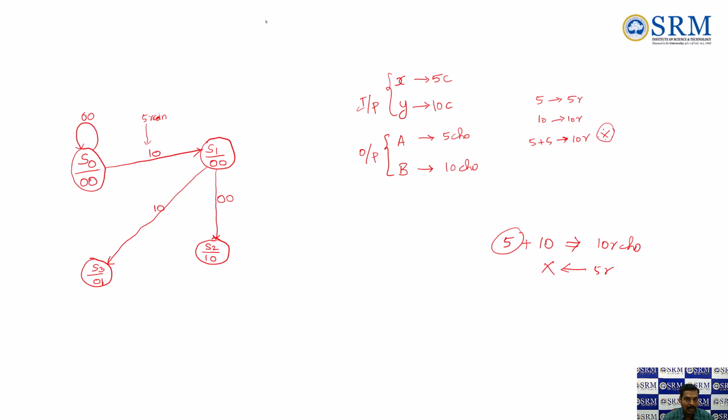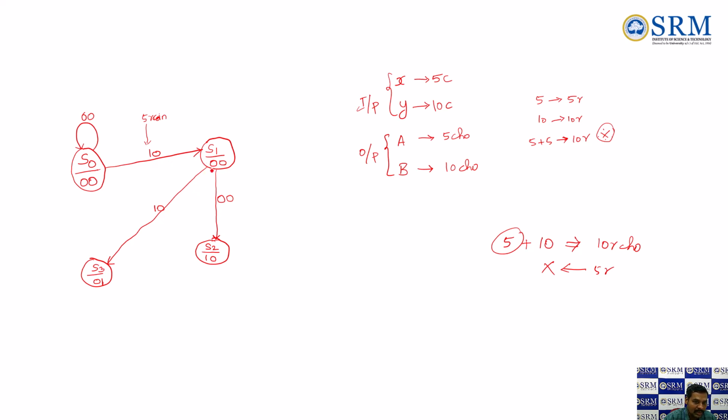Okay, so come back to the design state diagram. Now at this stage, one 5 rupee coin was inserted, and it can dispense one 10 rupee chocolate. At the S1 state, only one 5 rupee coin was inserted.